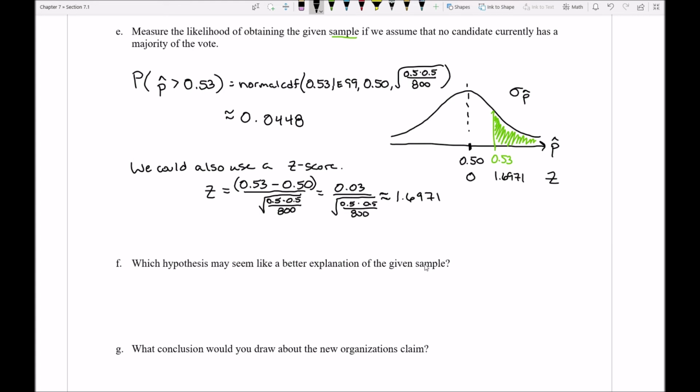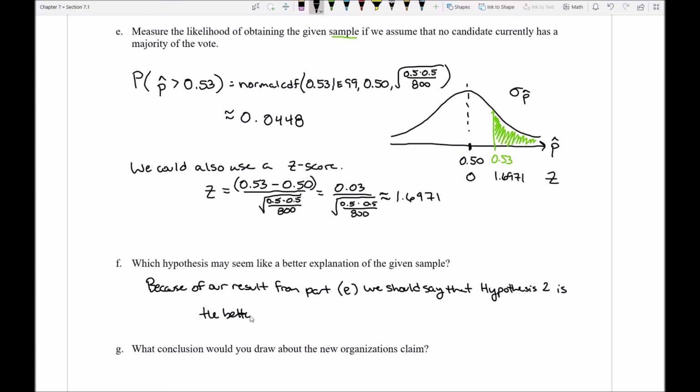So we would reach the following conclusion. We could say, because of our result from part E, we should say that hypothesis 2 is the better explanation for why we got our p hat value.